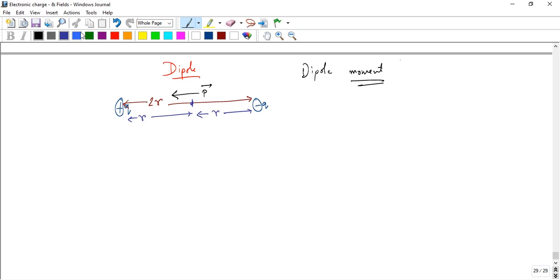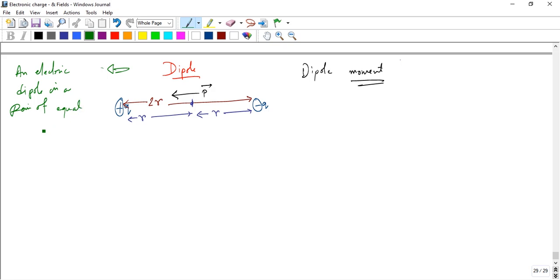So if someone asks what is an electric dipole: an electric dipole is a pair of equal and opposite charges.